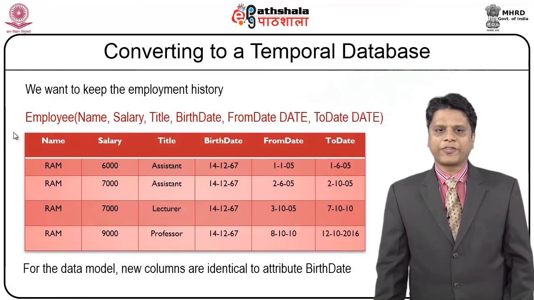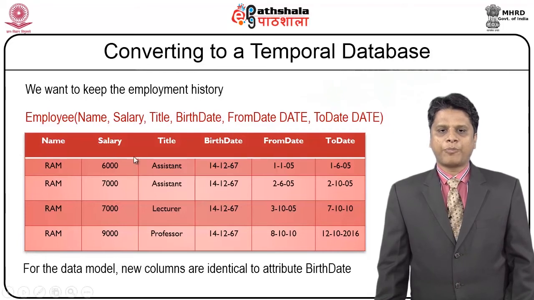Take for example the first row of this table. Ram has been appointed as assistant and has been drawing 6,000 rupees as salary. There is an attribute called birth date, but for how long he served as an assistant, between 1/1/2005 to 1/6/2005, that is for a period of 6 months, he served as an assistant.